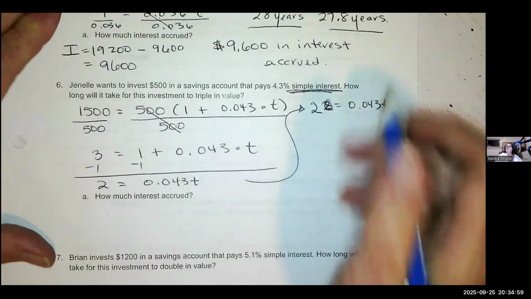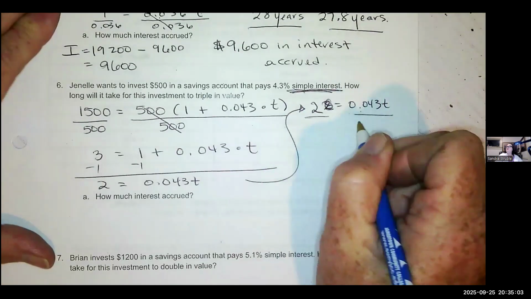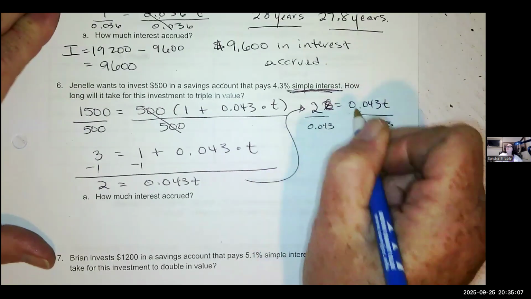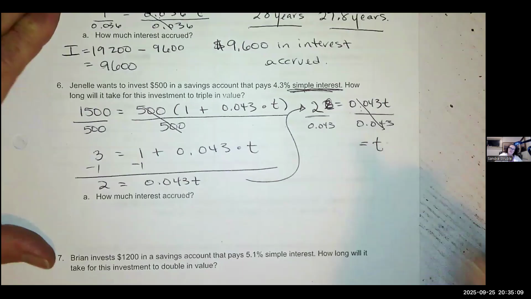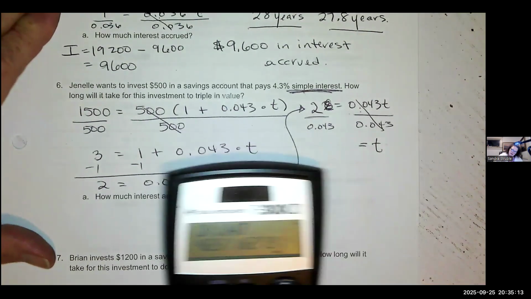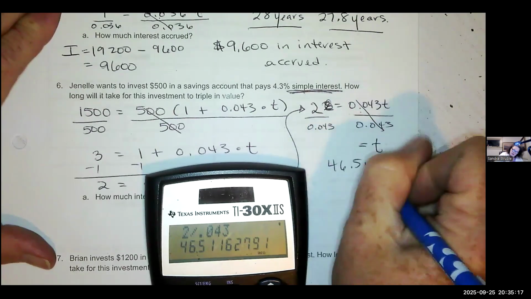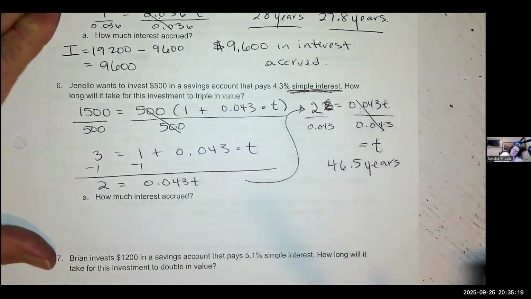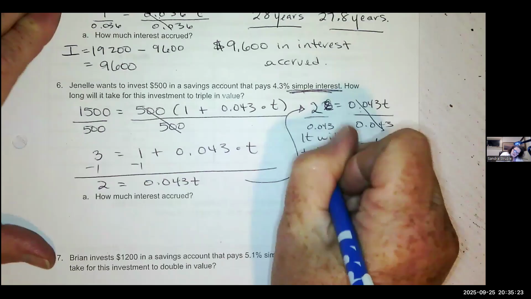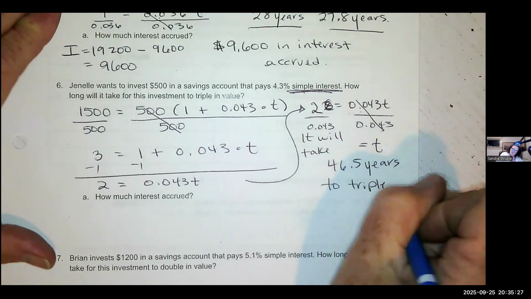All right, 2 is equal to 0.043 t. I'm going to divide both sides by 0.043. This reduces, and I'm left with the time. 2 divided by 0.043 is 46.5 years. It will take 46.5 years to triple. Okay.